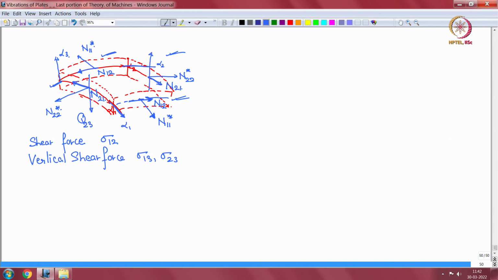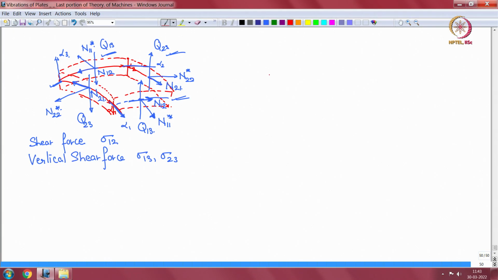This is the 2 face in the 3 direction. Then this is the 1 face in the 3 direction. There is a 1 face in the 3 direction.